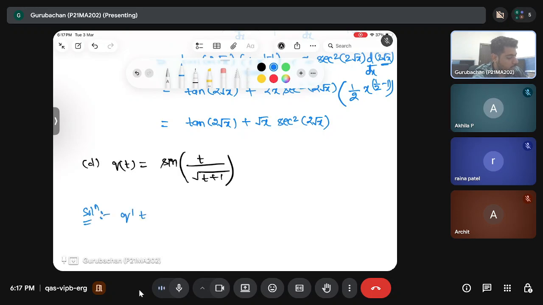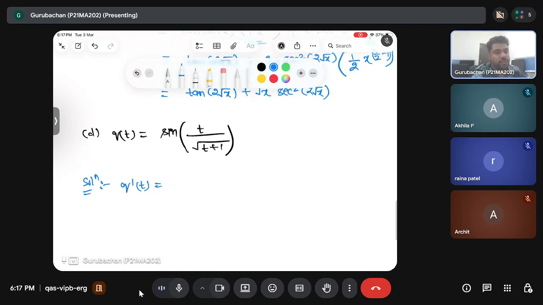Now this last one, q dash t. Again, it's a differentiation of sine, and there must be some different term rather than t, so you have to apply the chain rule. So this will be cos of t by under root t plus 1, then the derivative of this inner term, used as a chain.